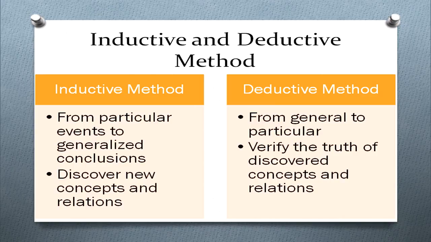And then I will give them a question which will say that in an isosceles triangle, say angle ABC is 70 degree. Find out the other two angles. The child will apply the property of an isosceles triangle, and it is after that they will come to the conclusion, or they'll find out the answers of what the other two angles measure. So deductive method, as you can see, is generally used to verify the truth of already discovered concepts and relations.